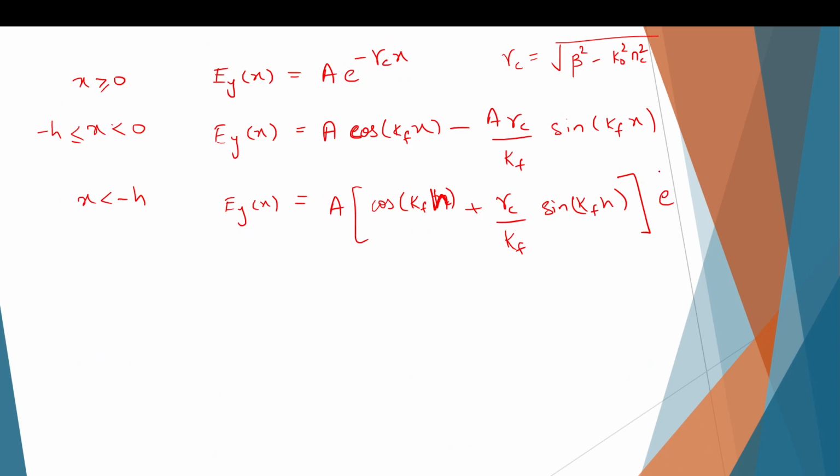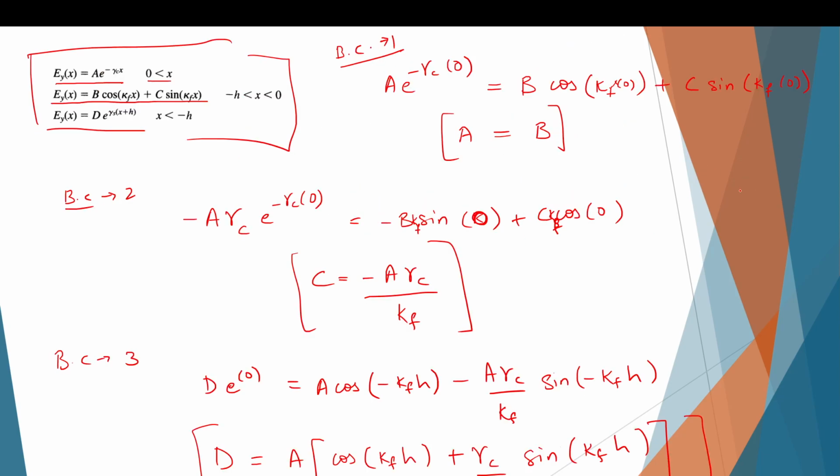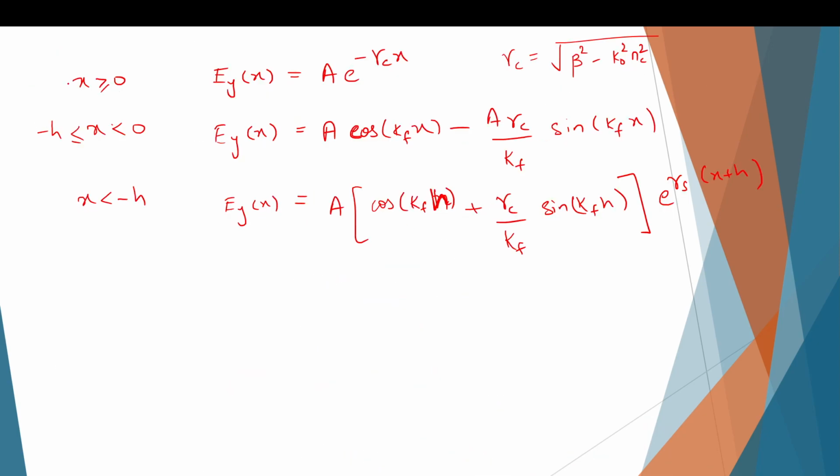E power gamma s x plus h. So I just wrote down these same equations that were here, but instead of a b c d, I wrote all the constants in terms of a. So then we get this set of equations. Okay, so this is the solution.